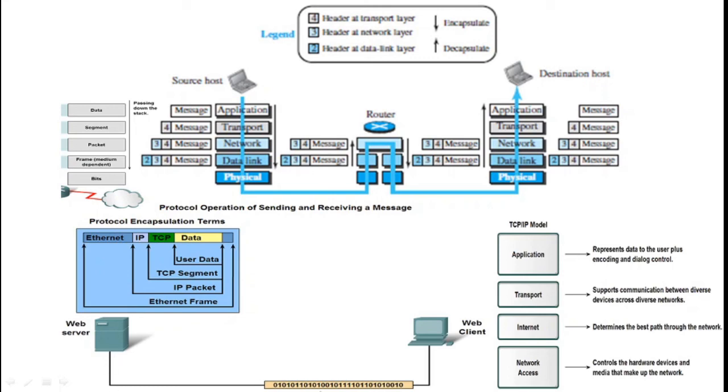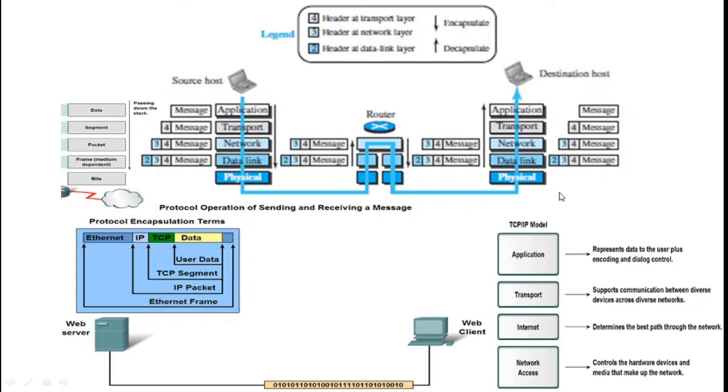That is transmitted through the cable, and once it reaches the in-between routers and switches, it goes up to the corresponding layer, where the routers just change the physical addresses. The frames are opened in the data link layer, and the routers just replace the physical addresses and then redirect it to the corresponding network.